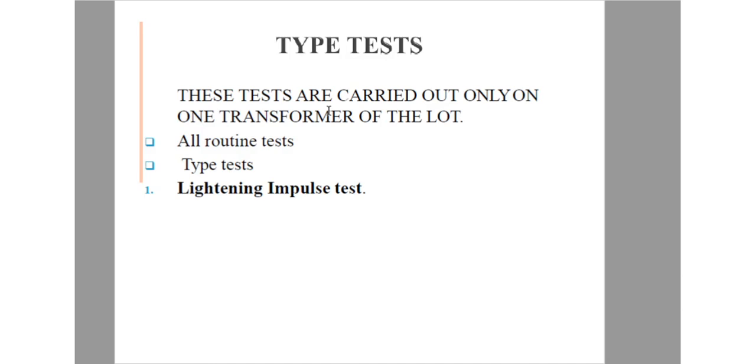Among the 100 transformers, we have to pick any one transformer and apply this type test. If that one transformer out of 100 passes this test, then we can say that the lot of 100 transformers can work satisfactorily.